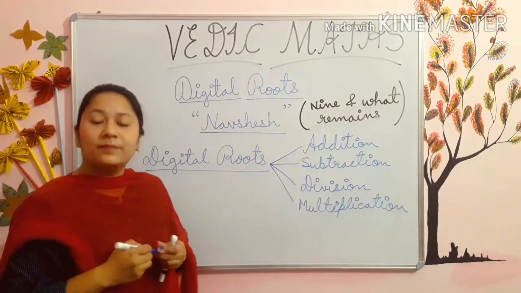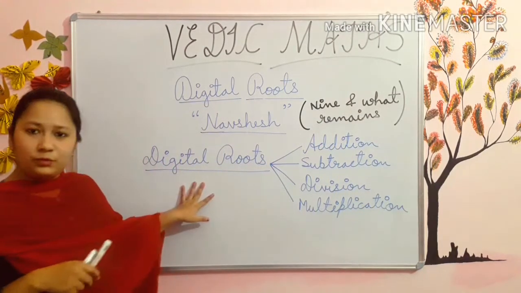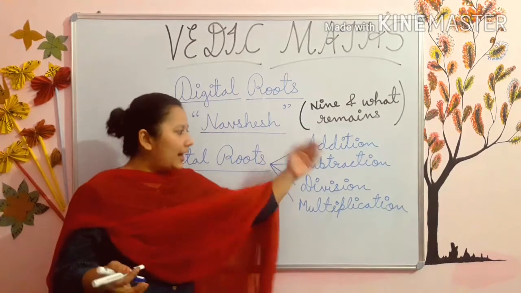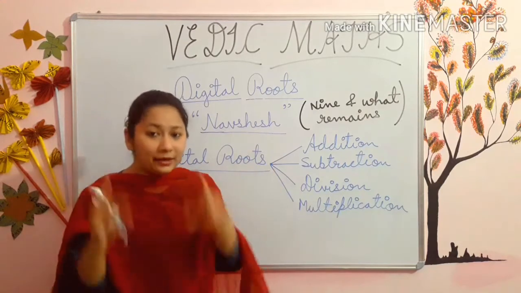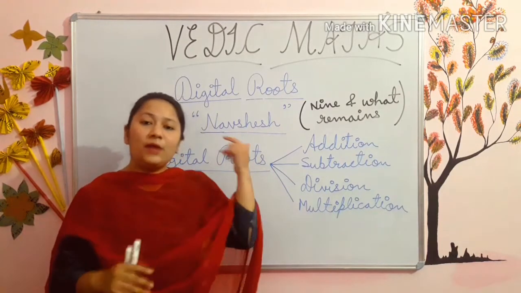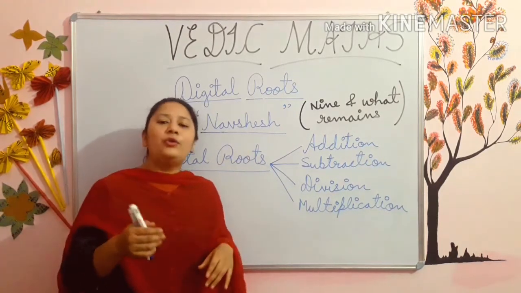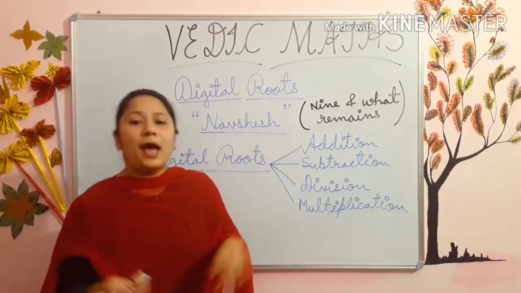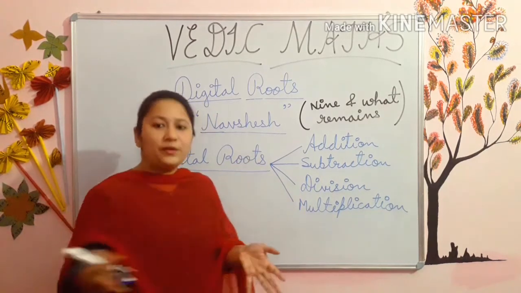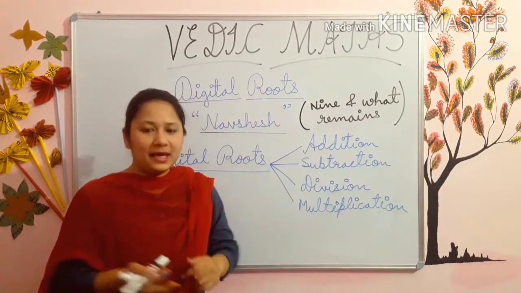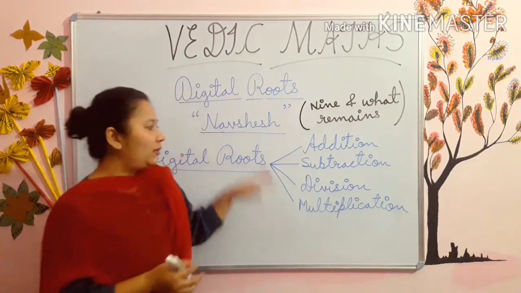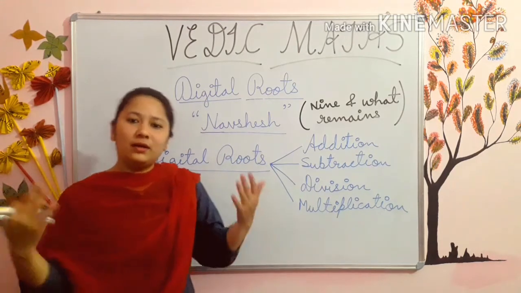So students, with the help of digital roots, you can check the accuracy. Means if you have done any addition sum or any division sum and that sum is wrong, with the help of digital roots, you can check your answer in some seconds and find out that your answer is right or wrong.